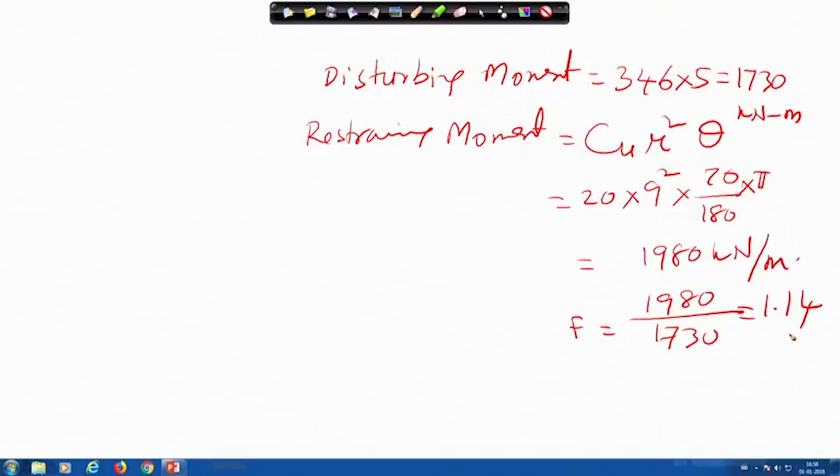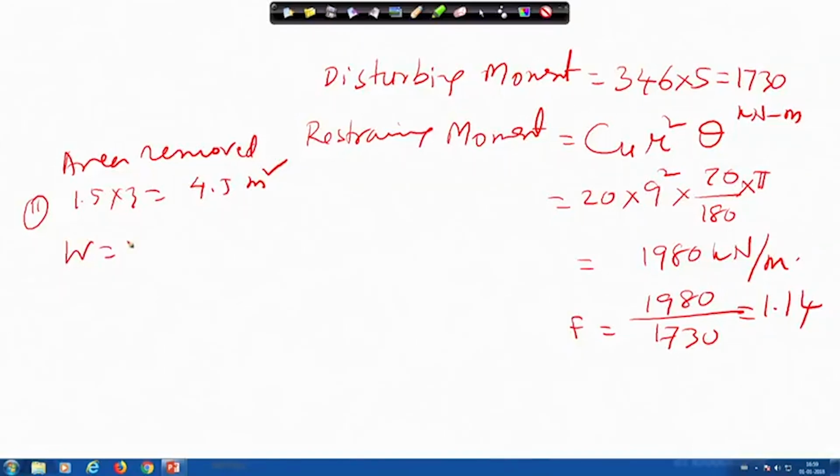Now you can see the second part, area of the portion removed. The approximate area is 1.5 into 3, so area removed will be 4.5 meter square, and then W removed, weight removed, will be 4.5 into 1 unit width, multiplied by the unit weight of this soil.